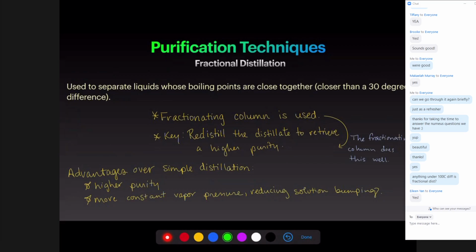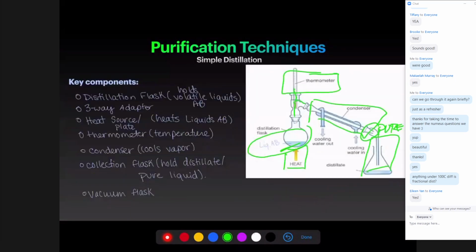Okay, just one second. Which one was? I'll go back here for just a second so someone can see the diagram.